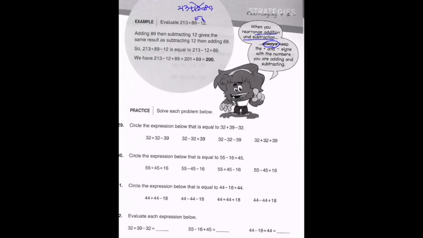So that is going to be incorrect. So the sign stays with the number that it's associated with. So if you want to rearrange, you should rearrange to 213 minus 12 plus 89. And so if we rearrange it like that, we get 201 plus 89, which gives us 290.